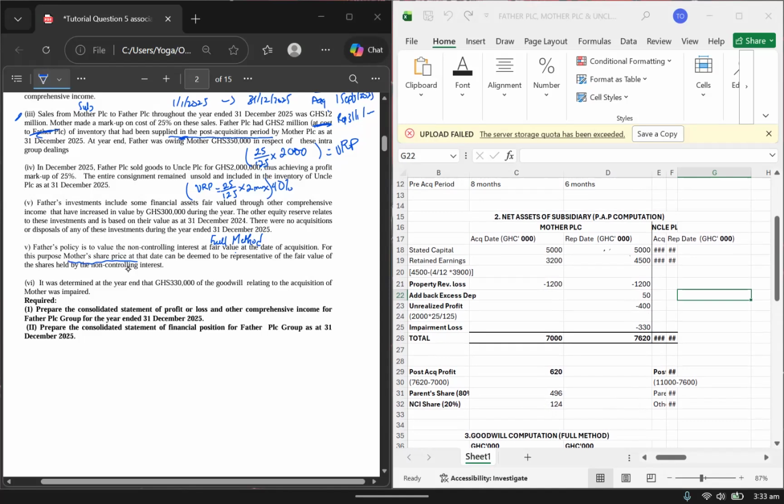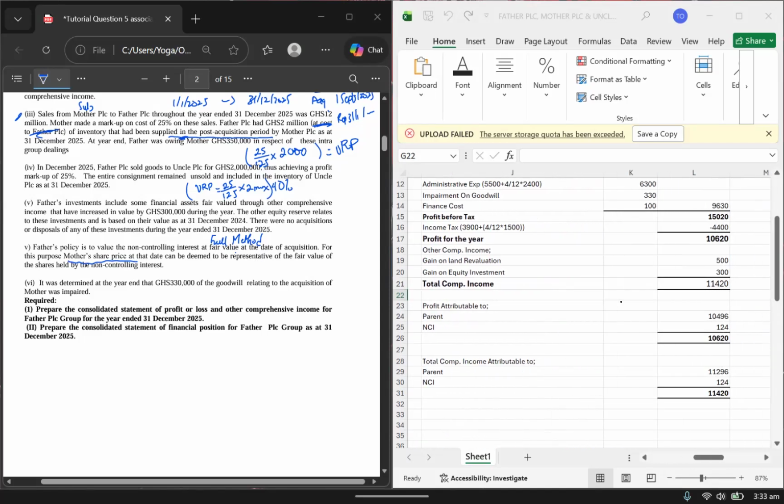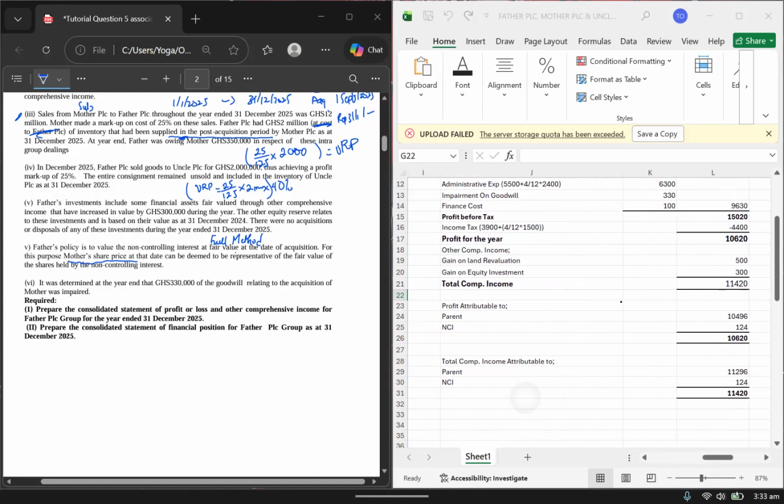Because we are using the fair value method, or the full method, I decided to treat the impairment here, so that when we are doing the profit attribution in the statement of profit or loss, we will get back to that. This is what I've been saying: the profit attributable to NCI and the profit attributable to parent.